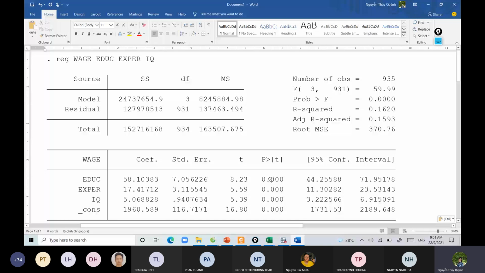So obviously at the 1% level of significance, the independent variable education actually has an impact on the dependent variable wage. The same happens for other regression coefficients. They are all statistically significant because the p-value is too small.